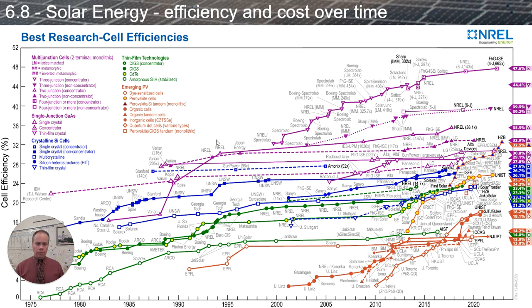But the main point of this is that there's been a significant increase. We're getting up to the point where photovoltaics are 40 to 50% efficient, when in some cases they began below 5%. And so as they get more efficient, you need fewer PV cells to produce electricity. So this is a key component in the adoption of solar generated electricity. And these are the names of some of the different types of technology you can see in different colors.